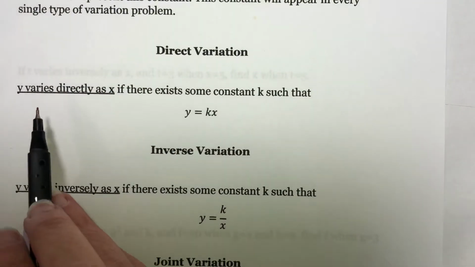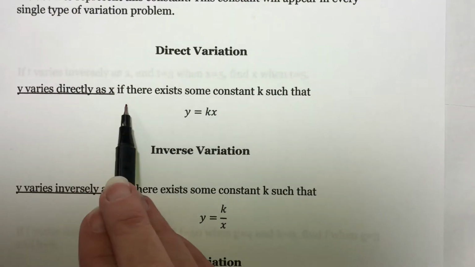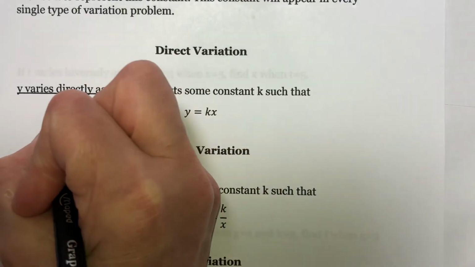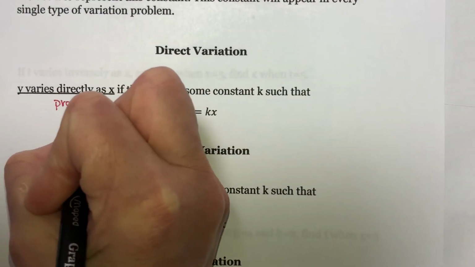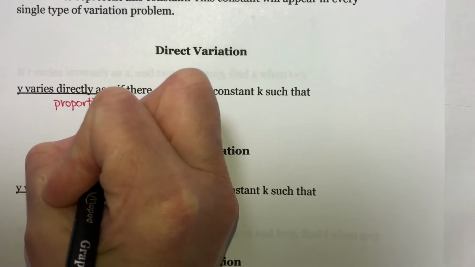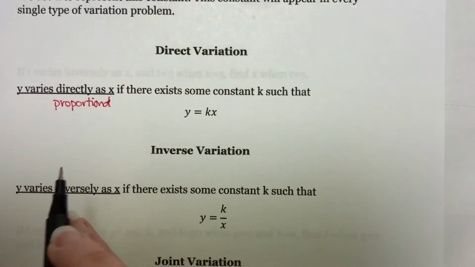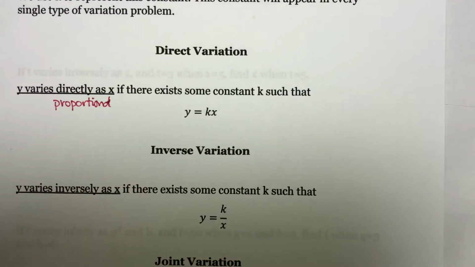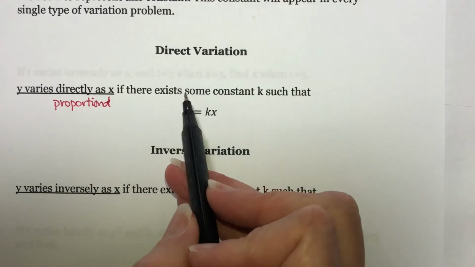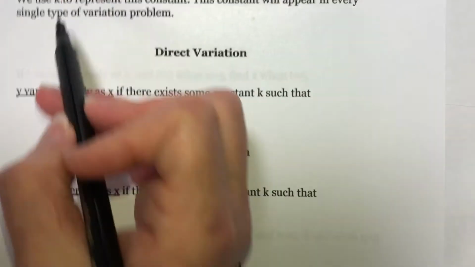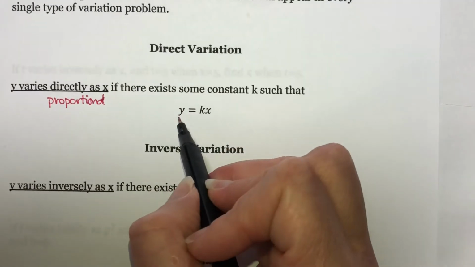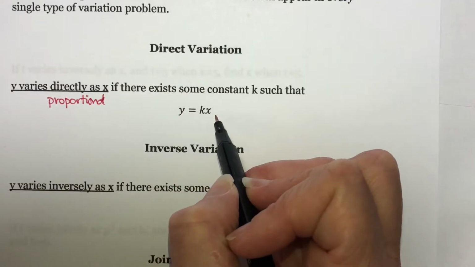You're going to see something like y varies directly as x, or you might see the word proportional here. Y is directly proportional to x, something like that. If there exists some constant k, which is this k way up here, such that y is equal to k times x.